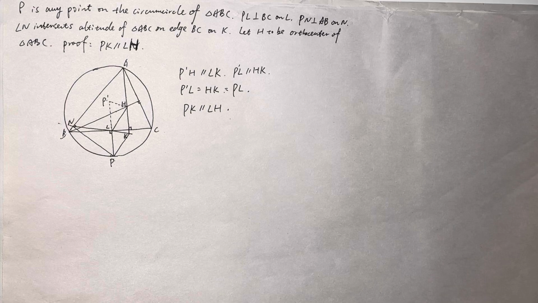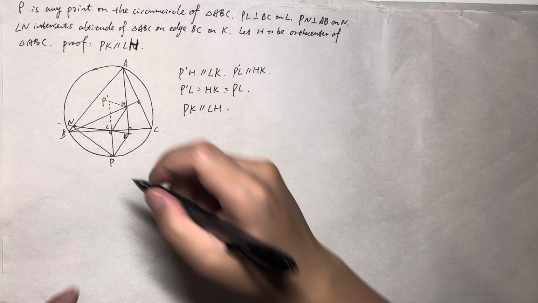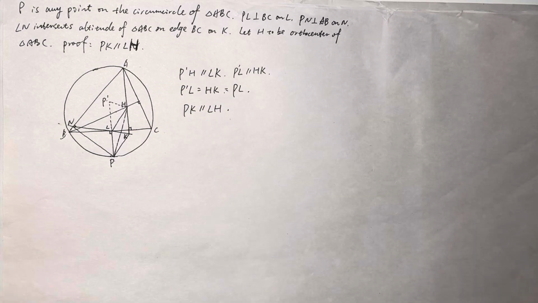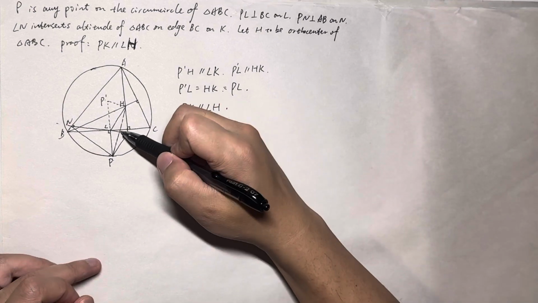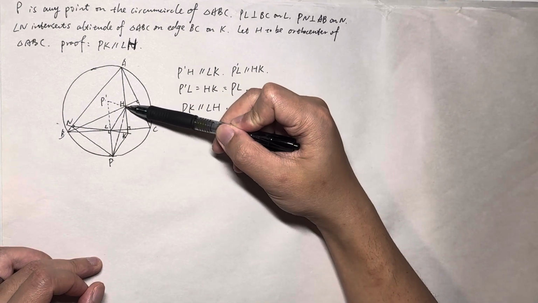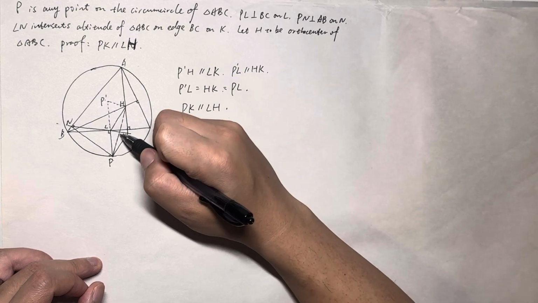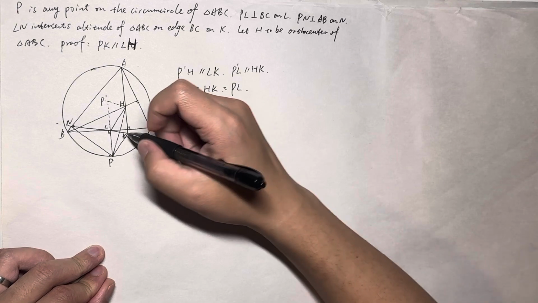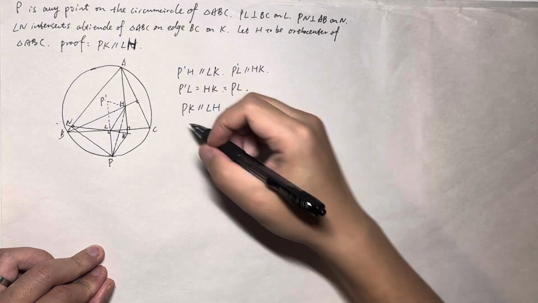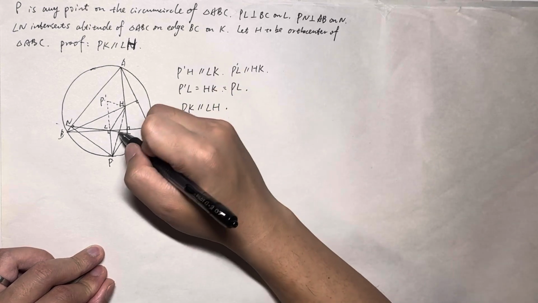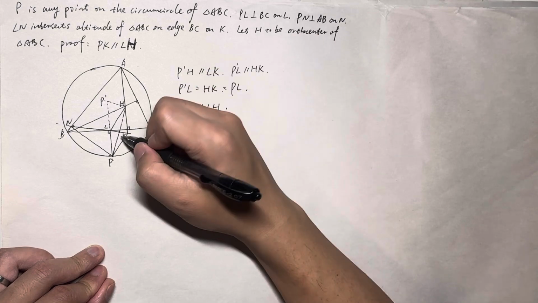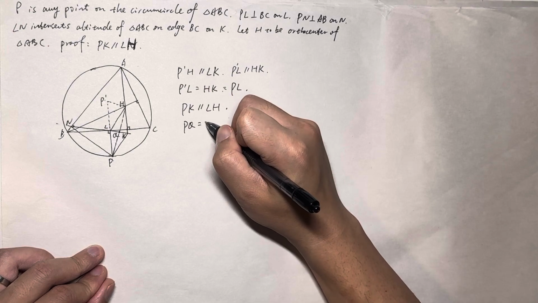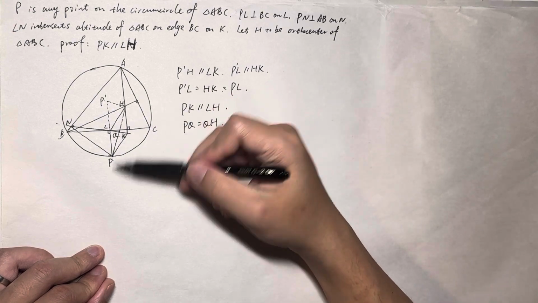Based on this, I just want to point out that if we connect P and H, we would find, because PKHL is a parallelogram, that the diagonals intersect at a point, let's call it Q. So we know that PQ equals QH, so Q is the midpoint of PH.